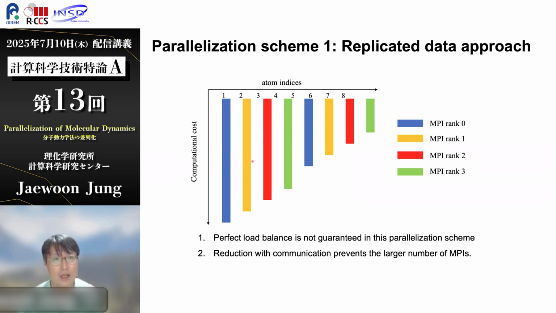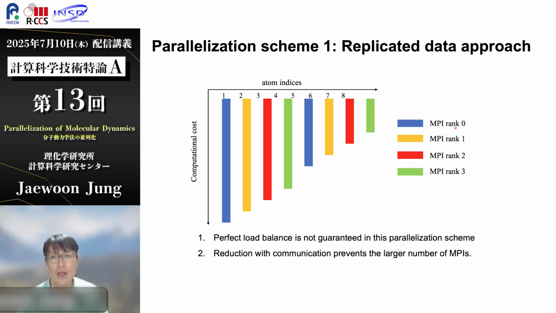Here, I considered 4 MPI processes. In the case of myrank 0, they calculate the indices 2, 3, 4, 5, and so on. And if you consider myrank 3, it has a much smaller amount of computation. So using this way, we cannot guarantee perfect load balance.